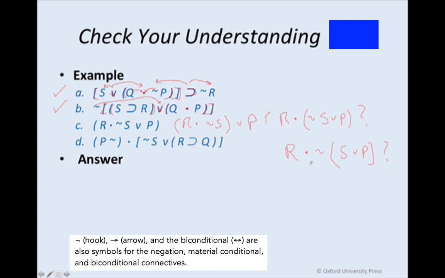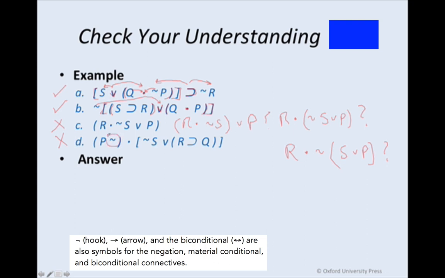Depending on which you choose, you're going to get a different meaning. And as we will see when we look at truth conditions for sentences written out in Boolean or propositional logic notation, we will have a different set of truth values. So C is a problem. D is also problematic.